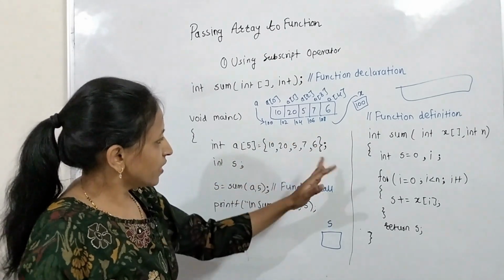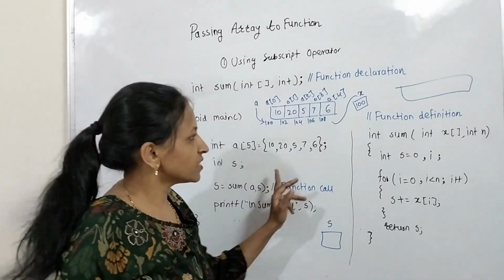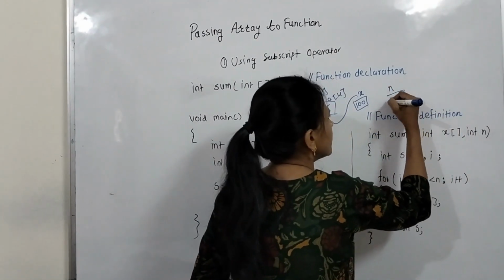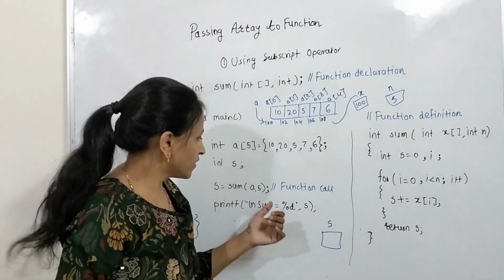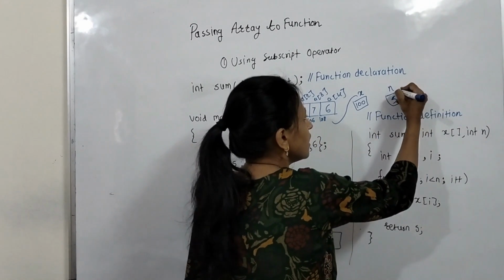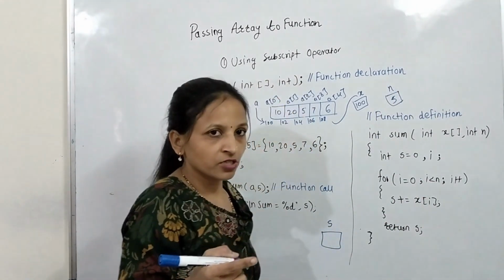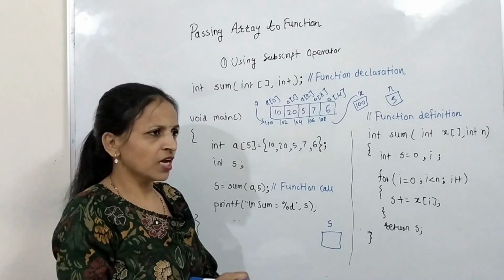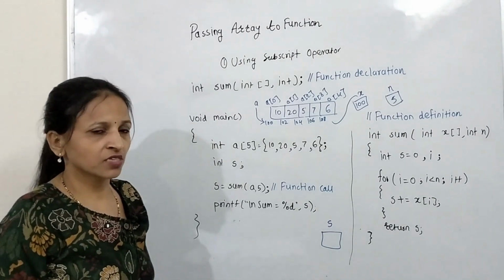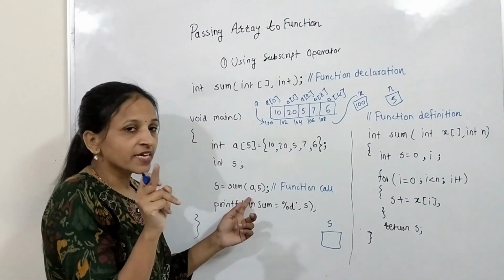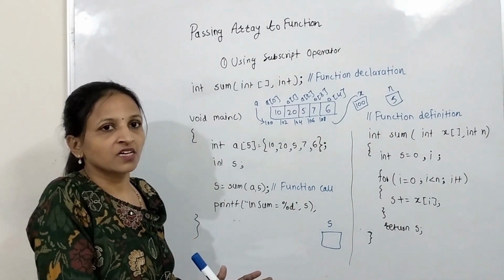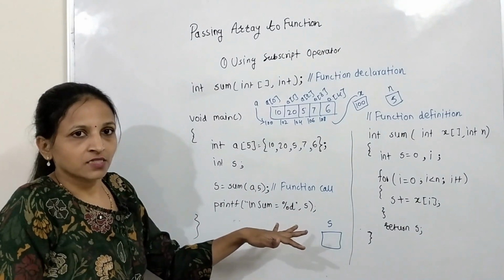Now we have to pass the second argument, that is nothing but a size, that is in n, and 5 will be there in n, because we are passing 5 here, and that will get copied inside this cell. Now see, always remember, whenever we pass an array to a function, with any method, using the subscript operator or using a pointer, any way you can use, a is what we are passing, actually the array name, and we have seen that the array name holds the base address of that array, meaning we are passing an address.